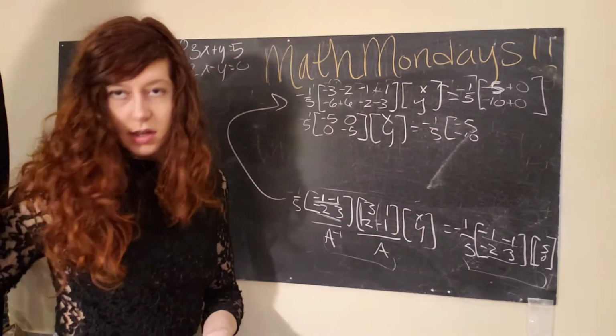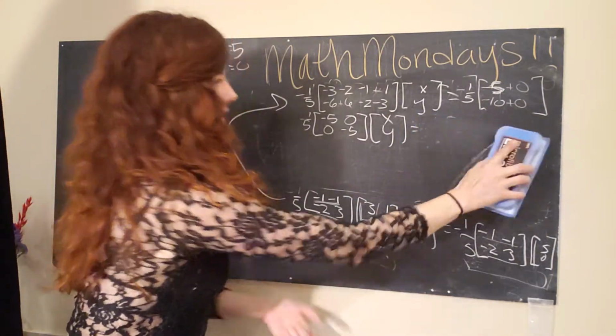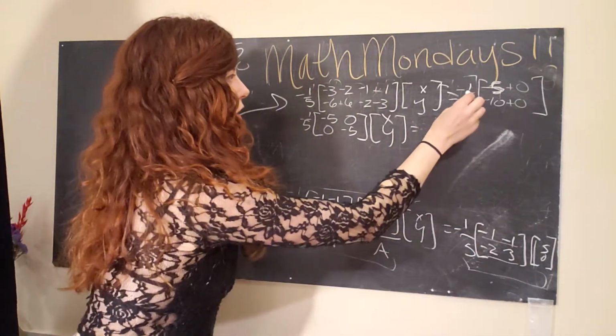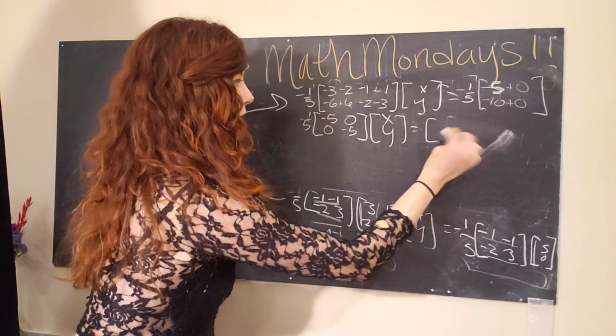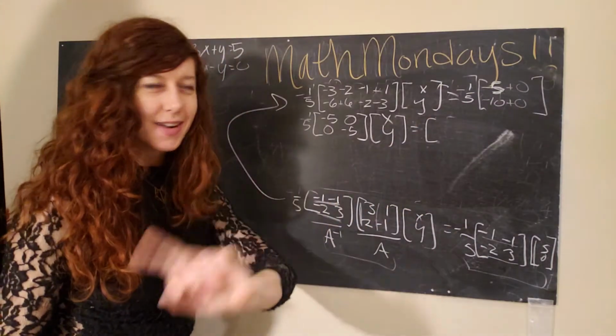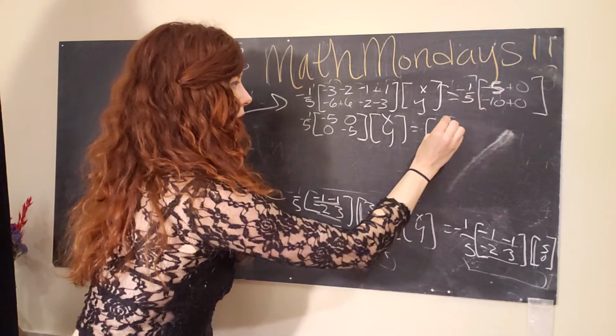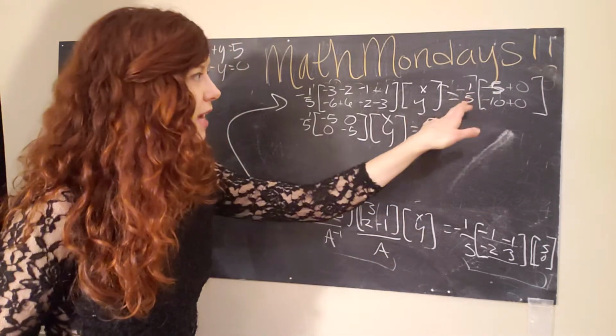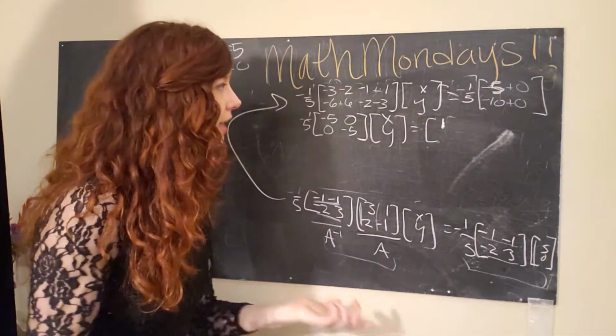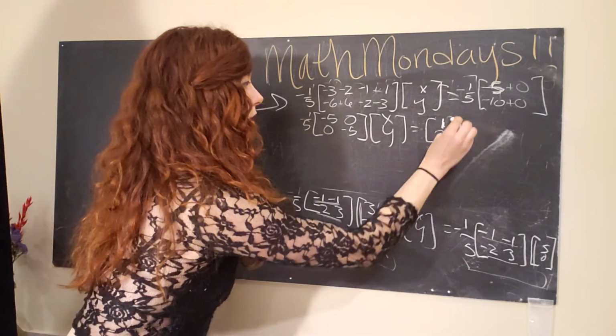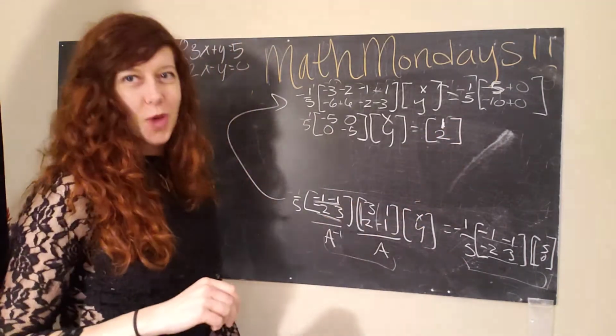And actually, now I'm going to pull in the -1/5. So -1/5 times -5. Look at that. Reciprocal came in handy. So that's going to be a positive 1. -1/5 times -10 is going to be a positive 2. Rad.